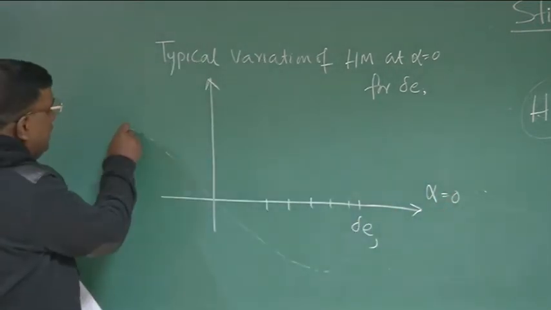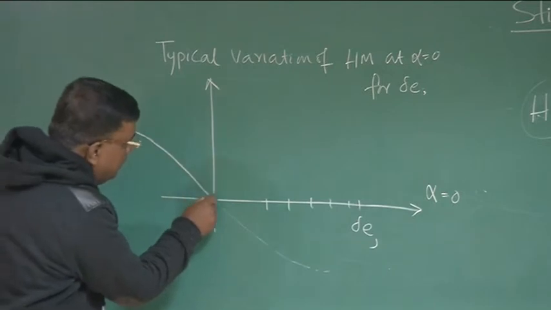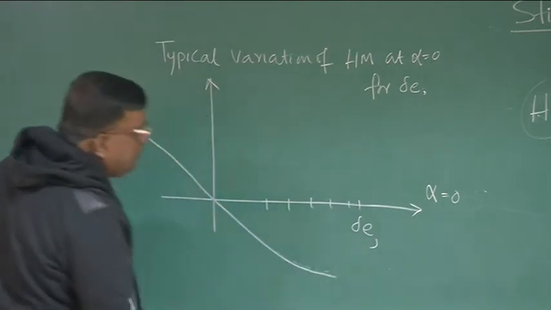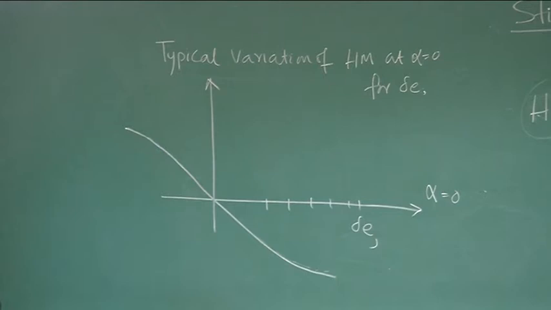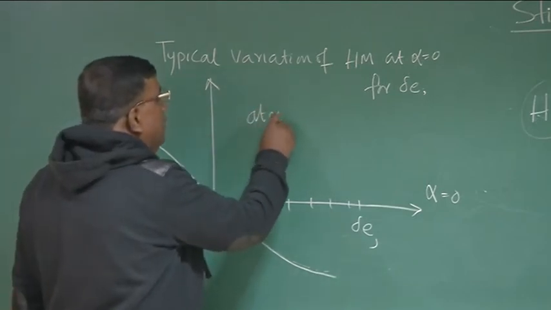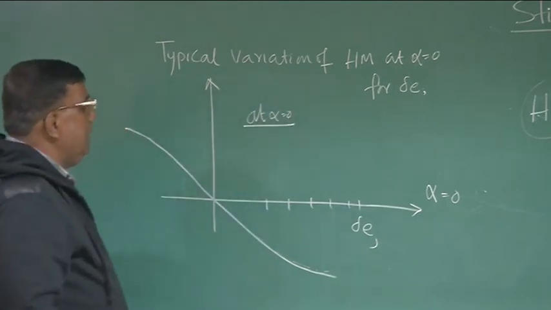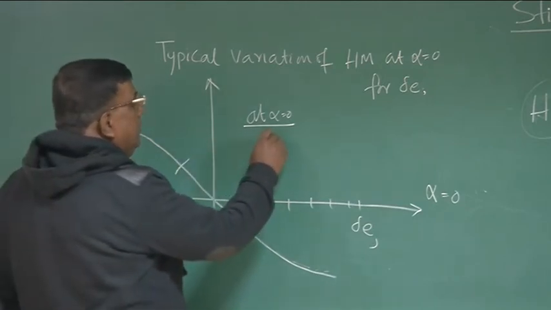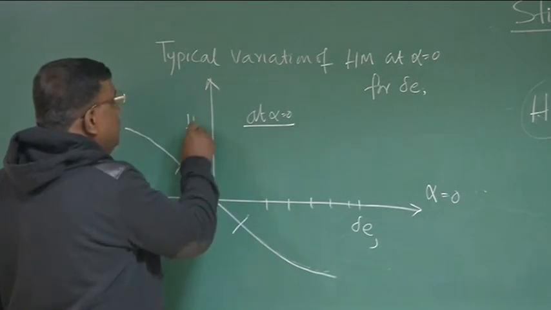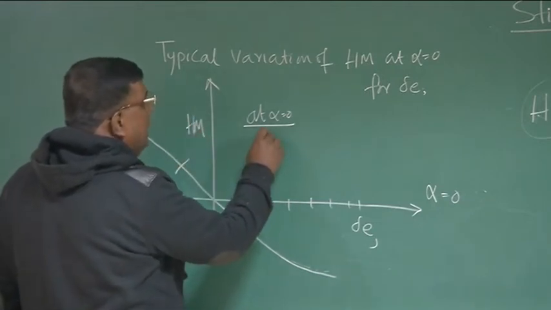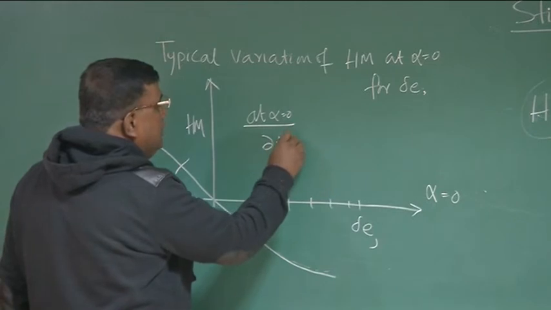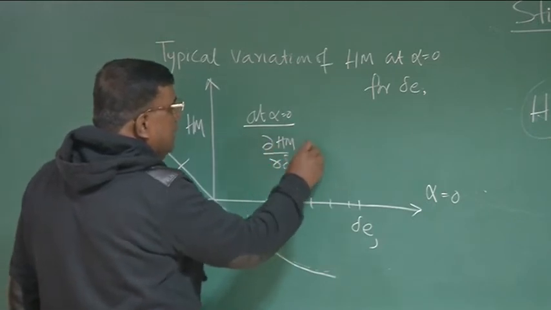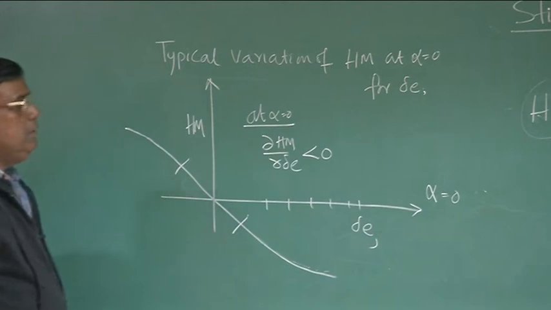So what we are seeing is that it is linear to some extent, and at larger delta it becomes a little bit non-linear. What is the meaning we are getting here? At alpha equal to 0, or near alpha equal to 0, almost things are linear, and if I write this is hinge moment and delta E, then I know that d hinge moment by d delta E is less than 0. Correct?